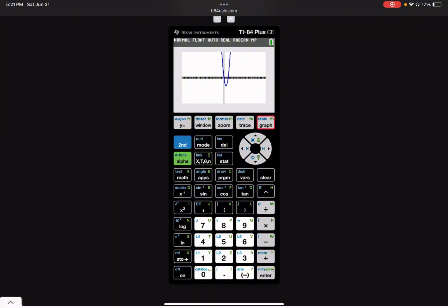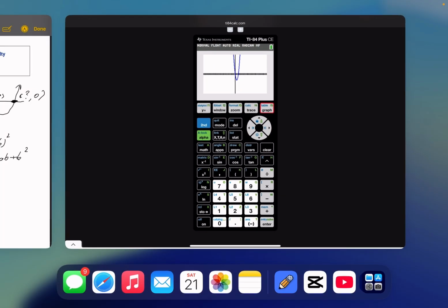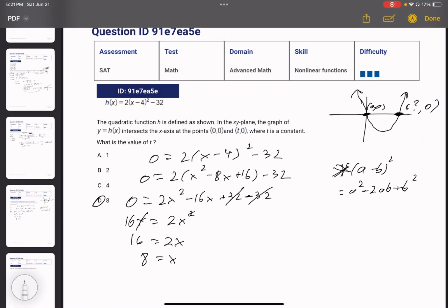So this is just a way to verify your answer or even get your answer from the beginning without doing this process, but either works, whatever saves you time.